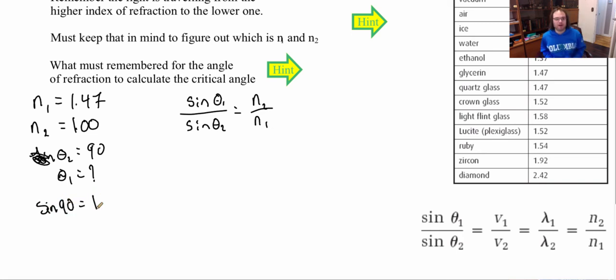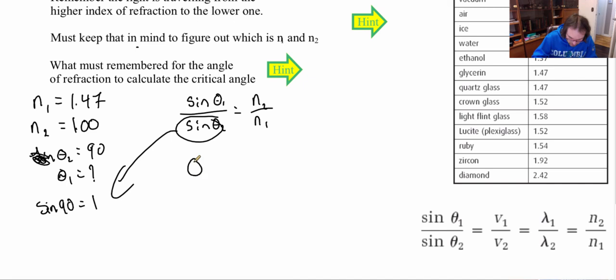1, if you remember from Math 20, or even Math 10. So we know sine 90 is equal to 1, and that's my critical angle, so that's my refractive angle. So I know this here is equal to 1. Essentially, what we're trying to figure out is this angle here.